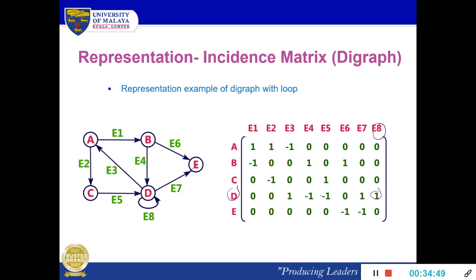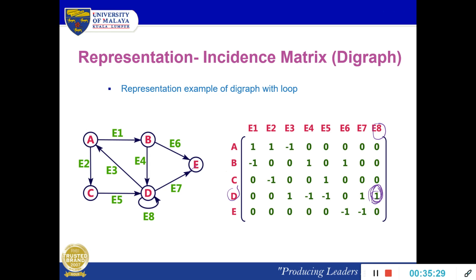E5 is incoming, so -1. E4 is also incoming, so -1. E3 is outgoing, 1. E8 is also 1 because it is outgoing and incoming as well. So this is the loop, D and E8, +1. It is considered incoming and outgoing, but we put +1. Consider it as outgoing as well, because D is outgoing to D.